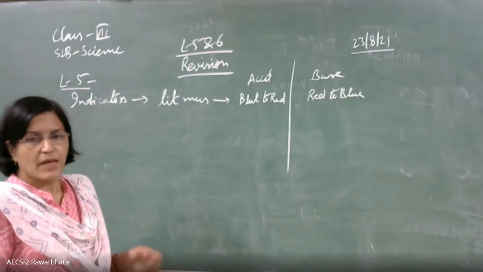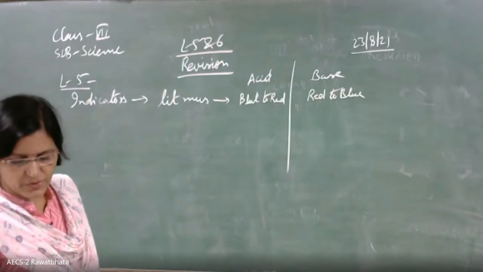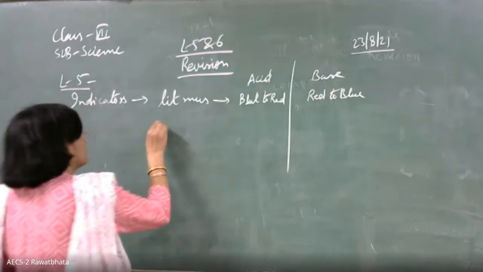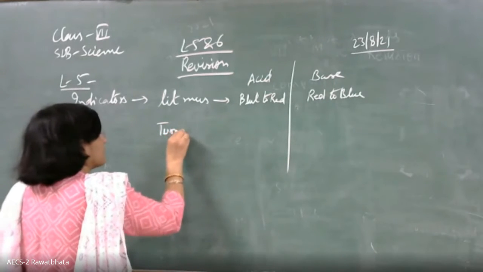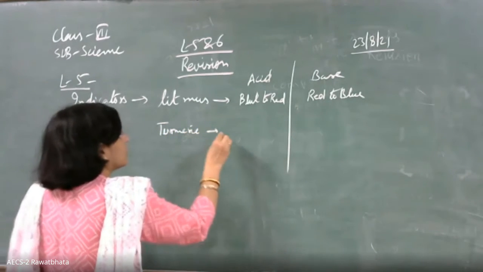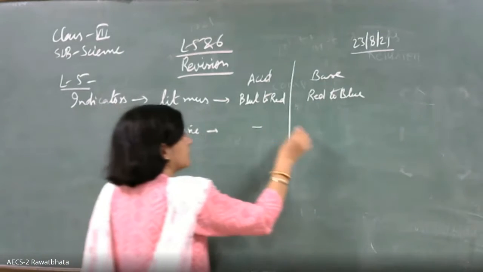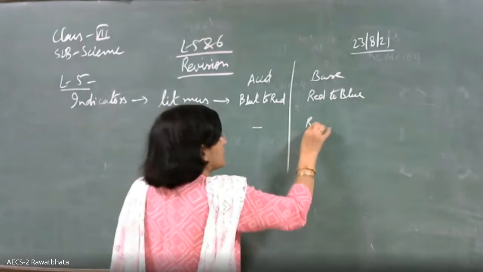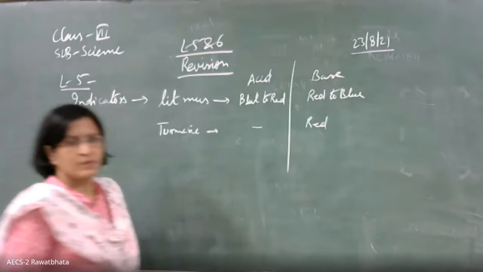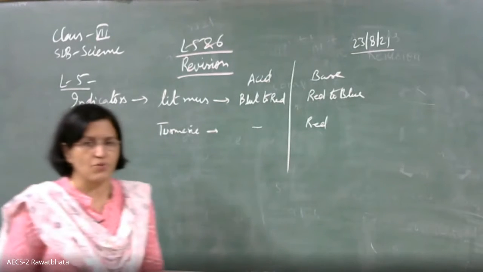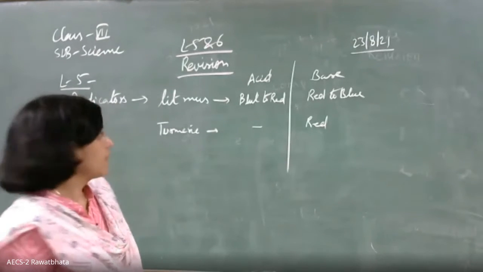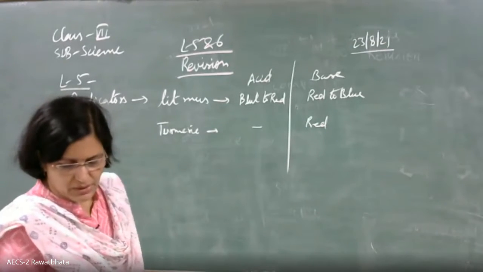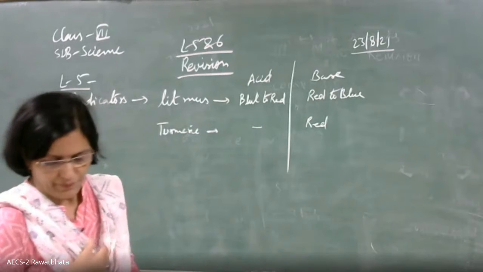Okay? And next, of course, we are supposed to keep in mind turmeric. Here there is no change as such, but it changes to red in base, as it happened in case of soaps. Wait a minute, let me write it, then I'll start asking you.